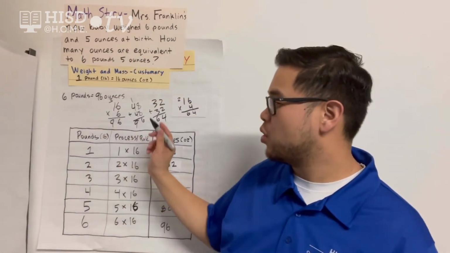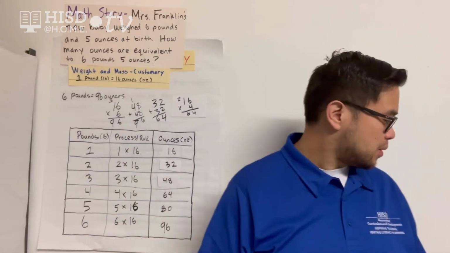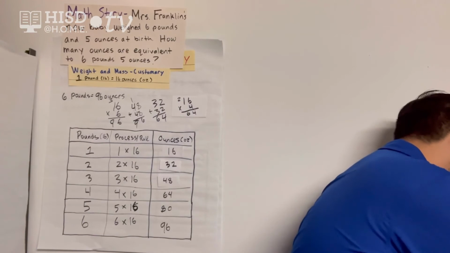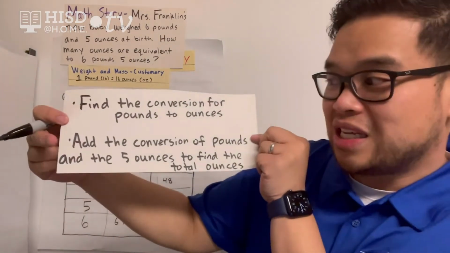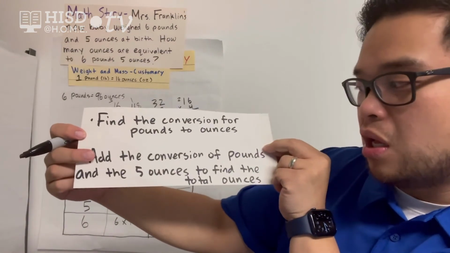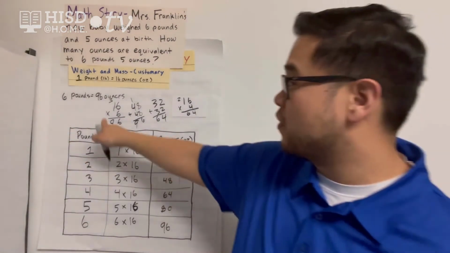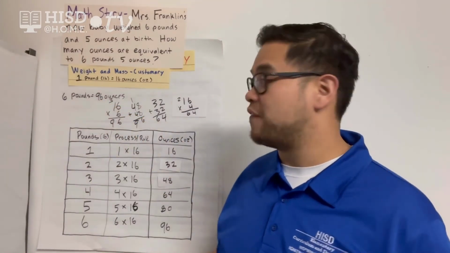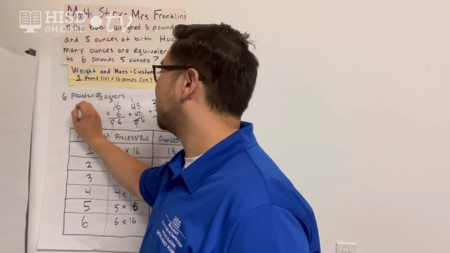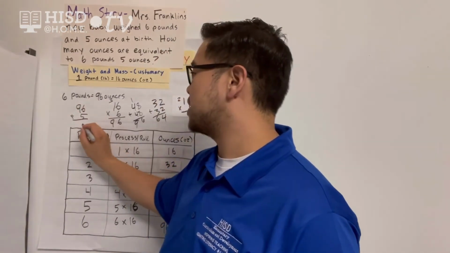So we have to go back and think. Once we convert, remember, what was that next step that we had? It says add the conversion of pounds and the 5 ounces to find the total ounces. So we have our conversion of pounds into ounces, and now we've got to go back and add the 5 ounces. 96 plus 5. 5 plus 6 is 11.